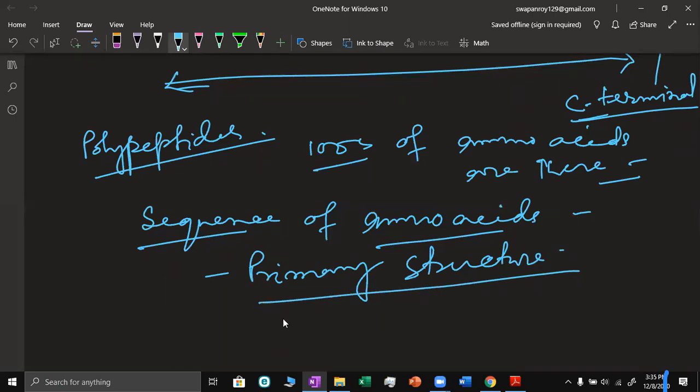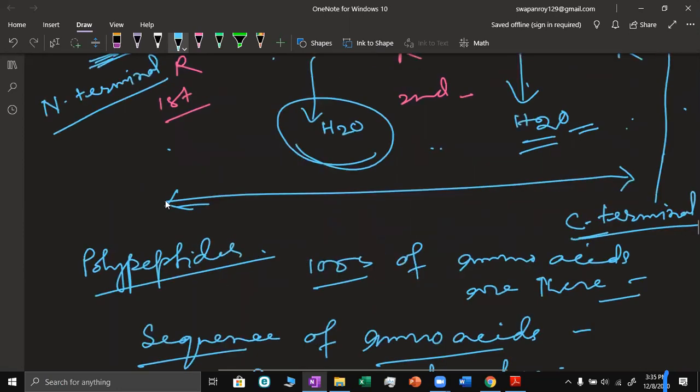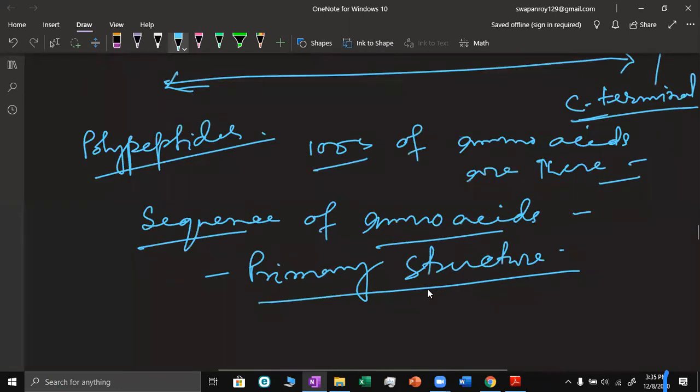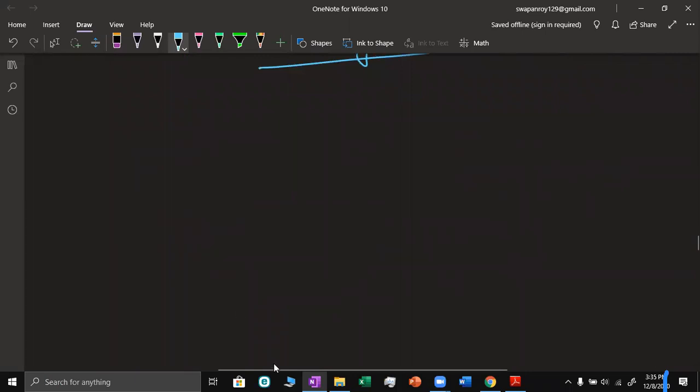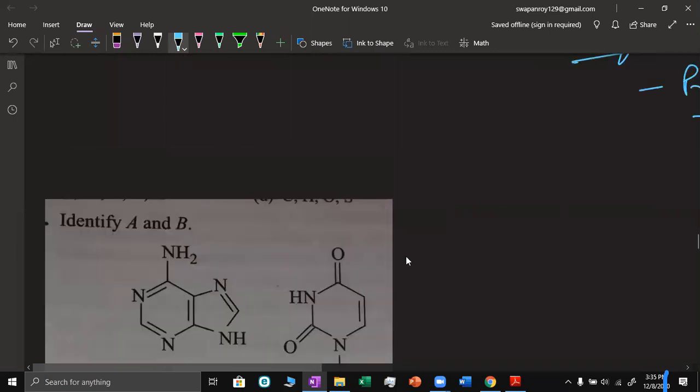Next, this polypeptide changes its shape by making bonds and folding.